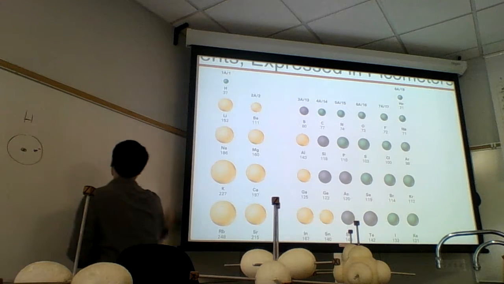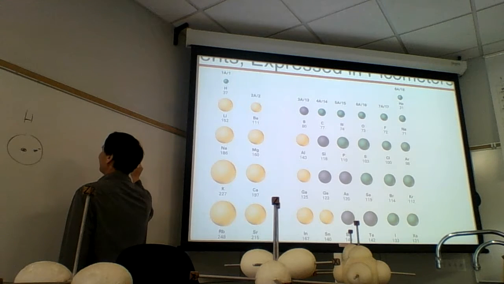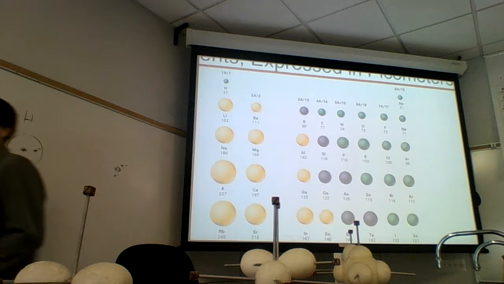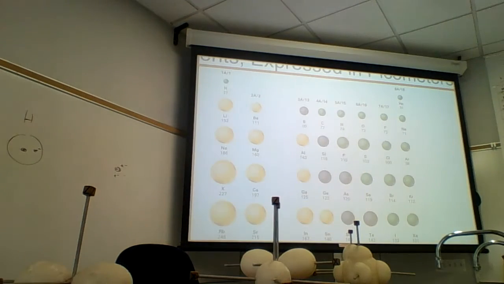Helium consists of two protons and two electrons. So shouldn't helium be bigger than hydrogen? It's got more stuff. If it's got more stuff, isn't it bigger? You would expect it to be so. But it turns out that helium is actually smaller in size.